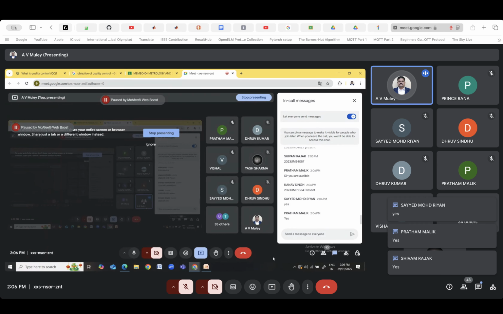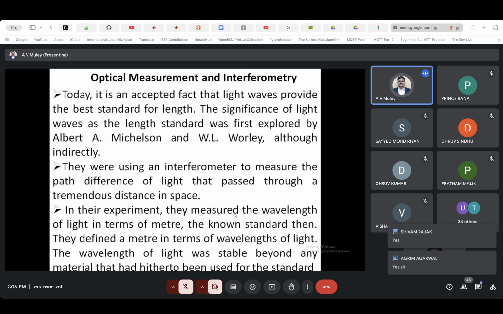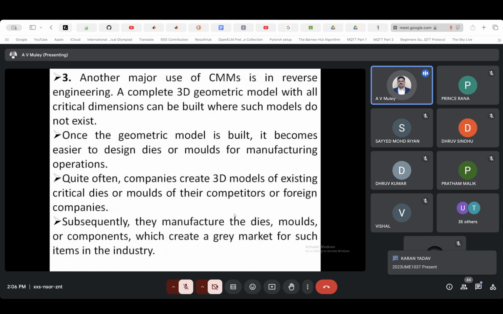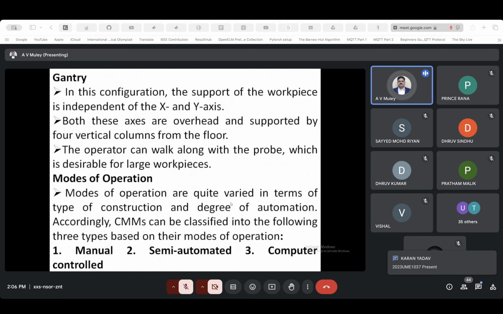Okay, so we are here at this juncture. We started discussing last time this coordinate measuring machine. Just a brief review of what we did last time.